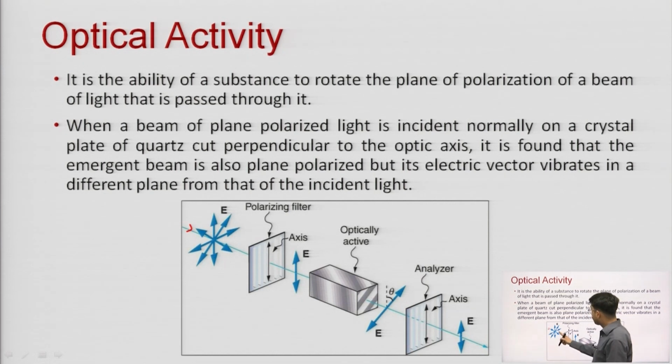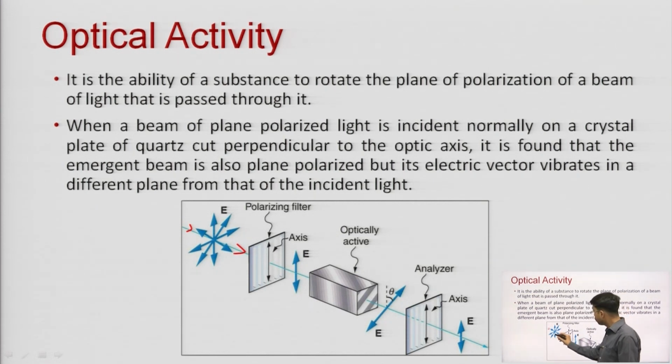You can see the electric vector is vibrating in all directions, but the direction of vibration is perpendicular to the propagation of the light ray. So, the light ray is coming in this direction and the electric field is vibrating perpendicular to it. What is this? This is a polarizer, or we can say polarizing filter. This is a vertical polarizer.